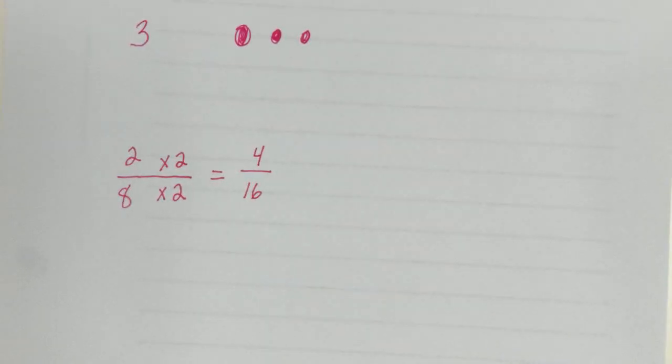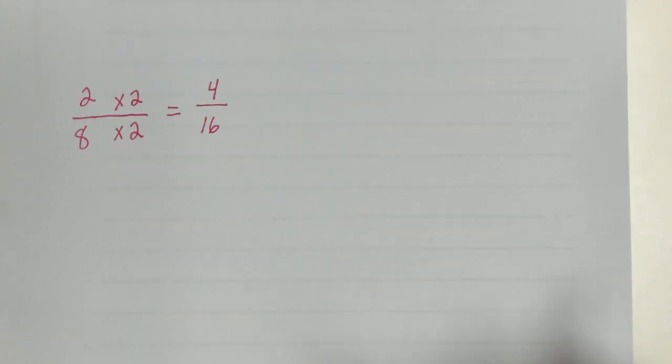I'm going to multiply the numerator times 2 and the denominator times 2. 2 times 2 is 4. 8 times 2 is 16. All right, so if I multiply the numerator and the denominator by the same number, I will get an equivalent fraction.